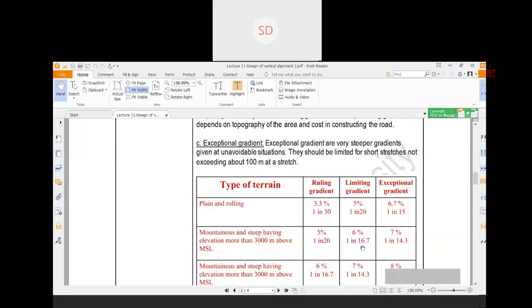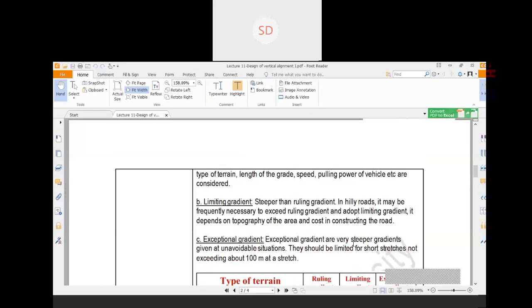For this reason, the portion of the road section required to go up to a particular elevation is lesser than with the ruling gradient. So whenever your area is restricted, or you have some space constraint or some other problems which cannot allow you to provide the ruling gradient, you can go for the limiting gradient.